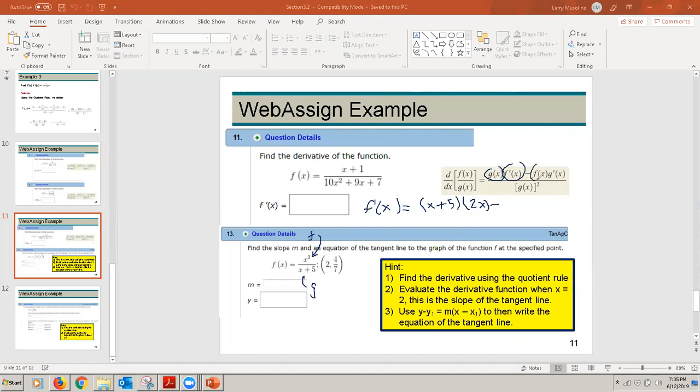Subtract. Now I'm just going to copy down f of x, which is x squared, multiplying g prime. That's the derivative of the bottom, but the derivative of the bottom is just 1. And then this is all over the denominator squared, which is (x plus 5) squared.